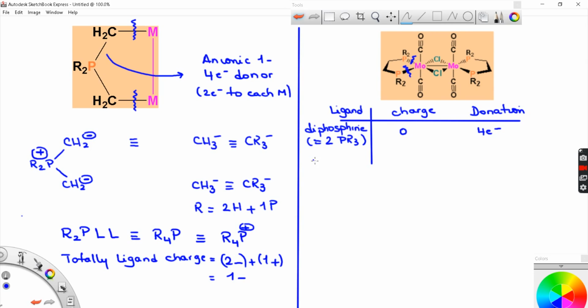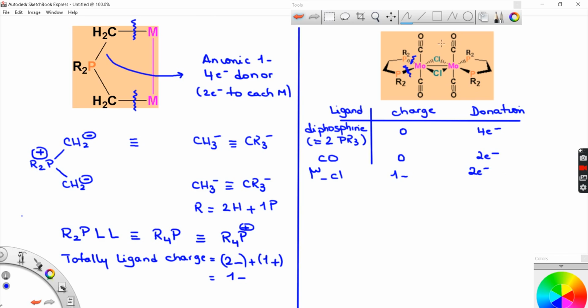We have CO, the charge is 0, 2 electron donor, and we have bridging Cl. The bridging Cl has a charge, as we said, a charge 1 minus, and is 2 electron donor to M.